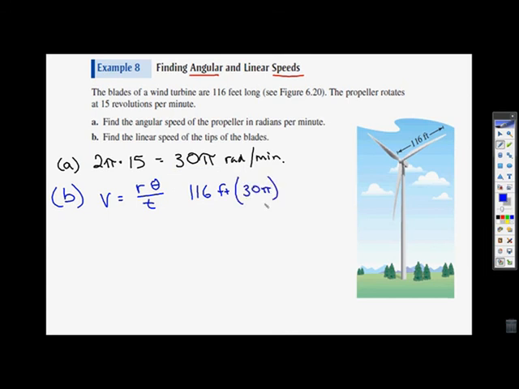So 30 pi radians, and all divided by time is, we'll just go per minute. Per minute divided by 1. So if we multiply straight across and ignore the denominator of 1, we get 10,933 feet per minute.